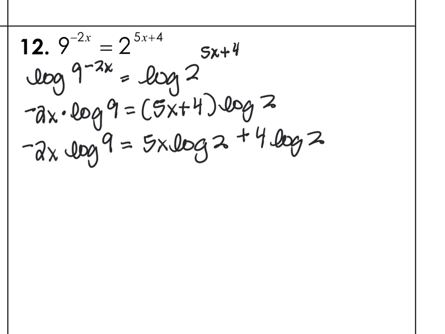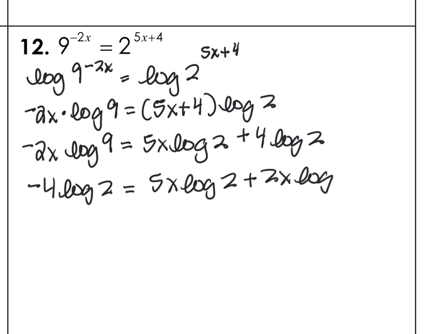So I guess it doesn't really matter which way I go here, but I'm going to subtract the 4 log 2 over here and add the 2x log 9 to that side, just so I wouldn't have negatives all the way across the board with the x. I don't want negatives with the x.